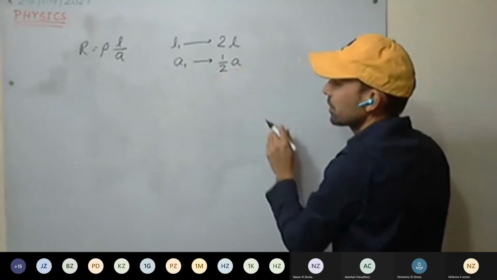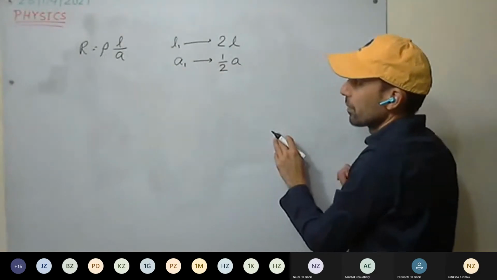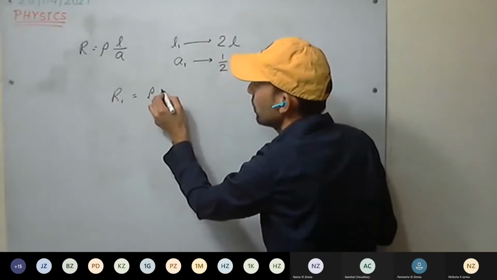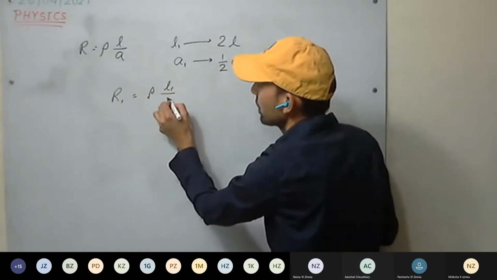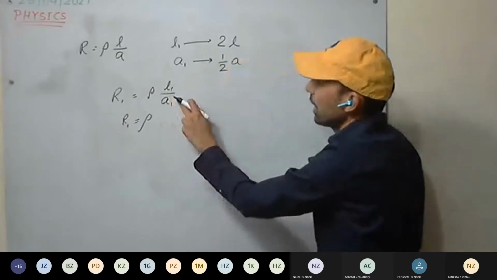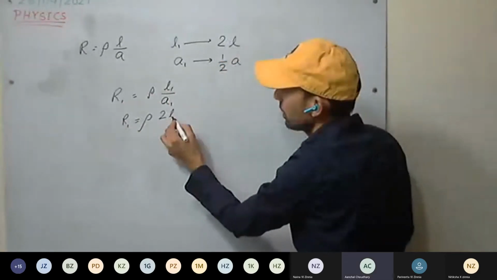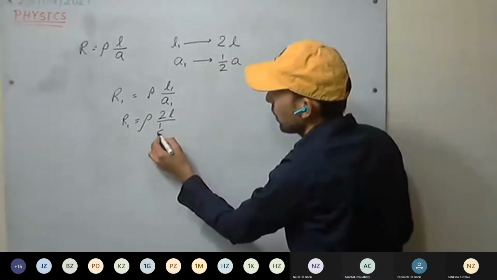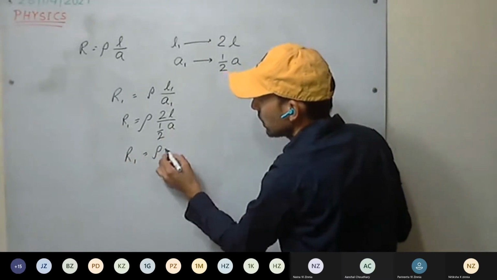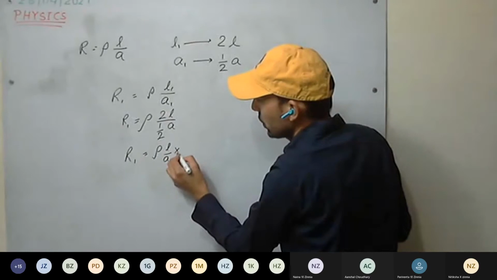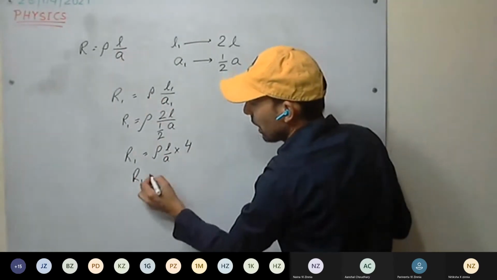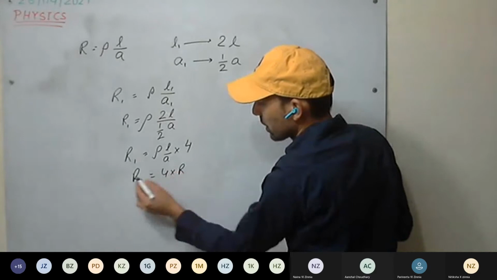A1 will be half of A. So the new resistance will be rho L1 upon A1, which is rho into 2L multiplied by 1 upon A by 2. So R1 is rho L by A into 4. What is rho L by A? R. So R1 equals 4 into R.